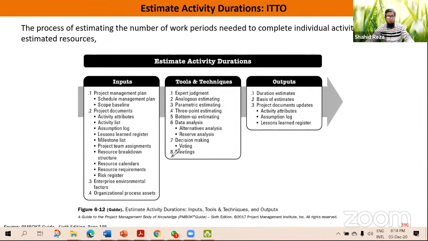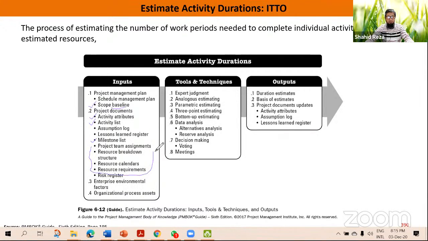All right. So what will be our main input here? Scope is one important input. Then activity attributes, activity list, then milestone list.